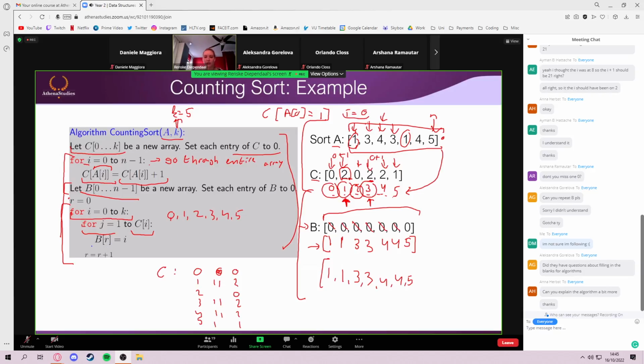And we're going to change the B account. Oh yeah, and you start with r equal to 0. Okay. So what we do, we start with i is 0. Right, and then we say for j is 1 up to C of i. So i is 0, C of 0 is 0.